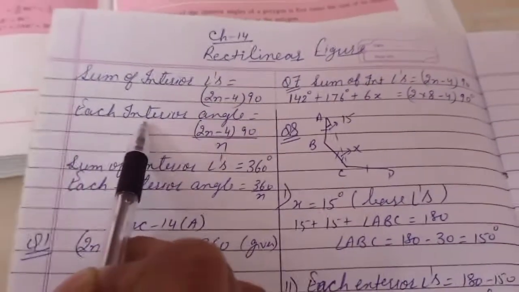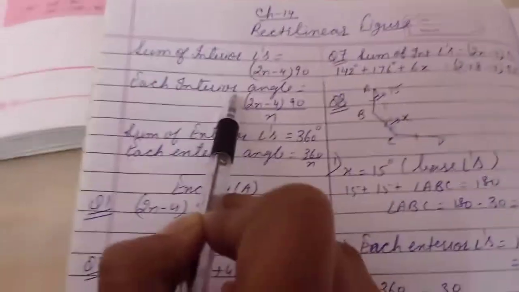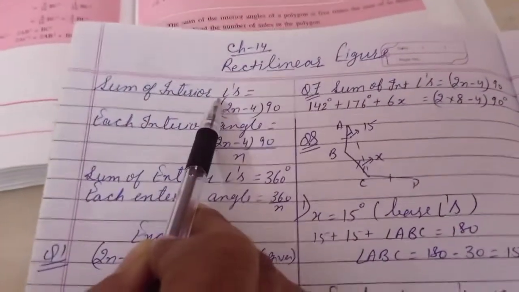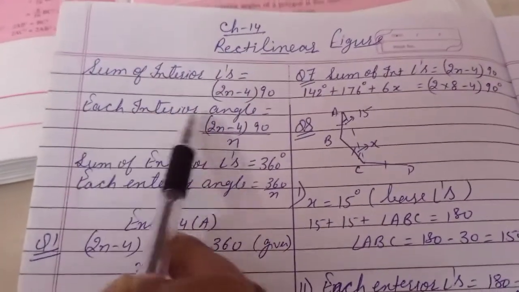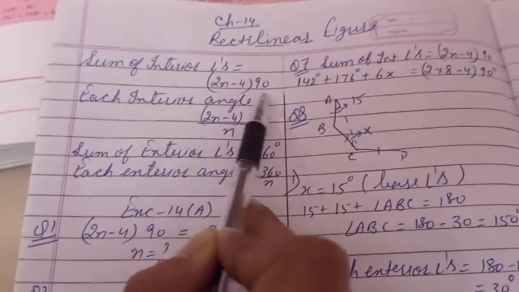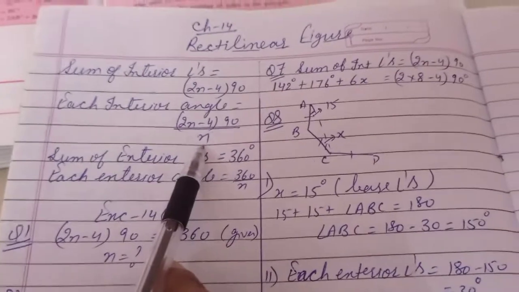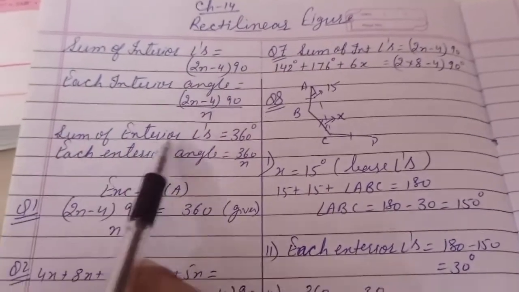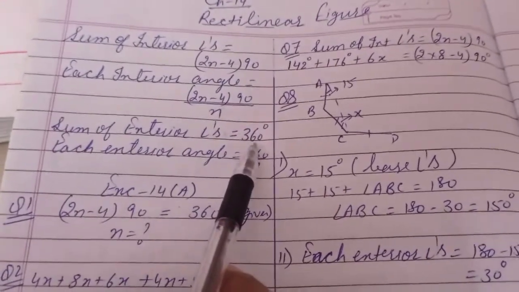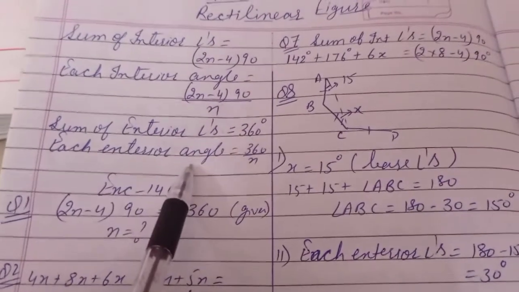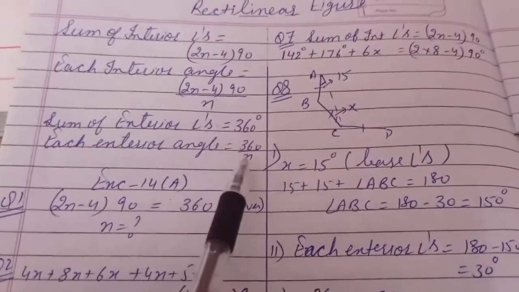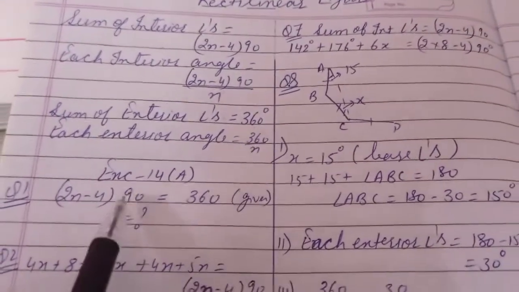Each interior angle is the sum divided by the number of sides. The sum of exterior angles is equal to 360, and each exterior angle is the sum divided by the number of sides. Let's start with exercise 14A.